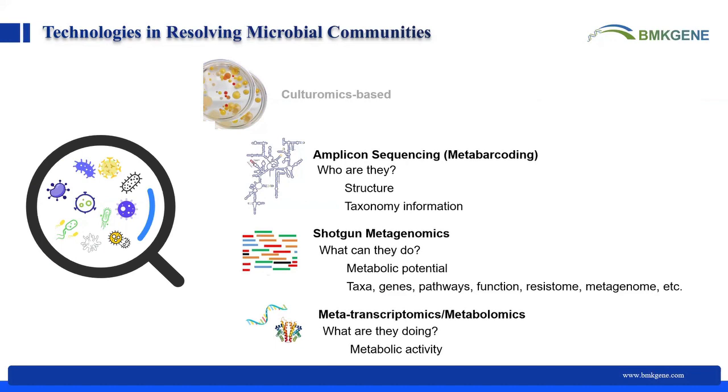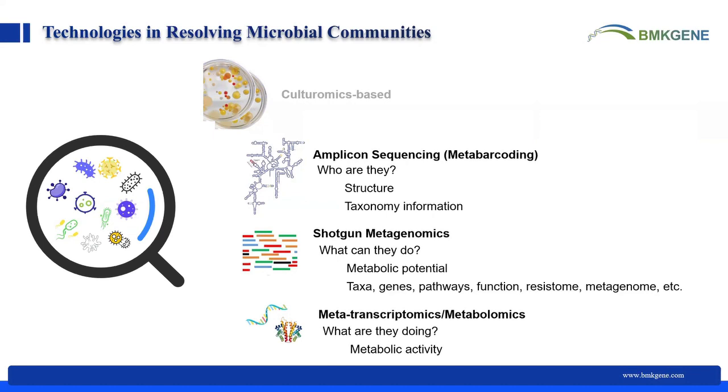And they have been applied to microbial studies in mainly three different ways. The first one, called amplicon sequencing or metabarcoding, replies to the question of who are they? So understanding which microbes are present in the sample. Using shotgun metagenomics, we can understand which microbes are present, but also what they can do, what the genes are present there, what is their functionality and possible metabolic potential.